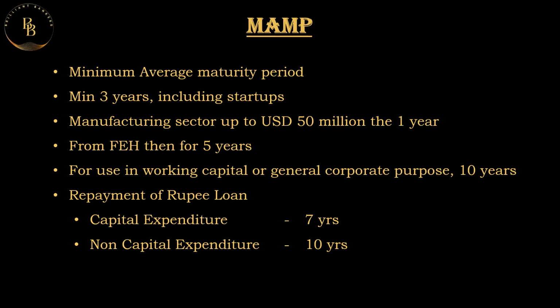Or if the ECB is raised for working capital or general corporate purposes by any company, then it is 10 years. Or if it is raised for repayment of a rupee loan, if it is for a capex purpose, it is 7 years. And if it is for a non-capex purpose, it is 10 years.